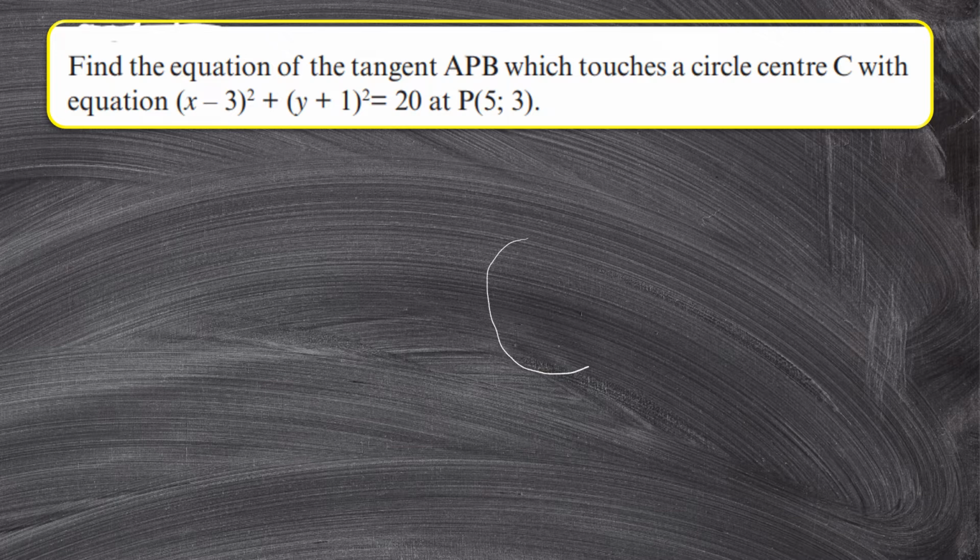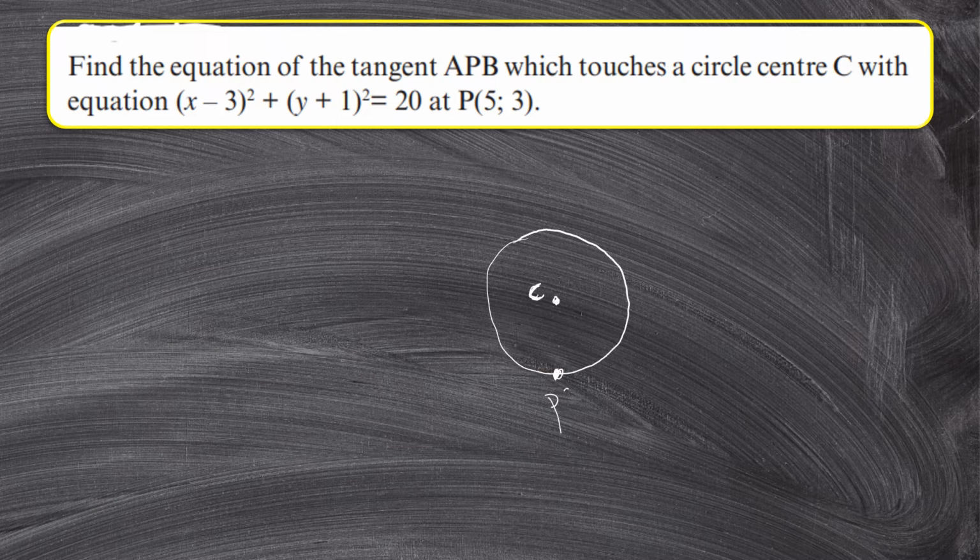It's very important that you draw this circle just to have an illustration of what's happening here. It has a center C, right? And they want the equation of a tangent at point P on the circle.